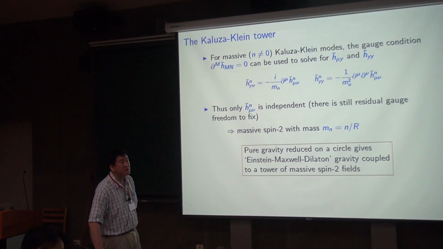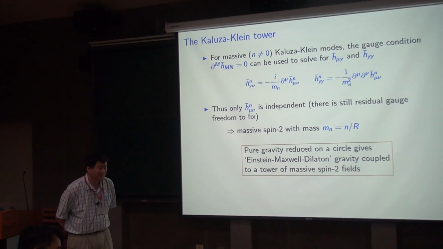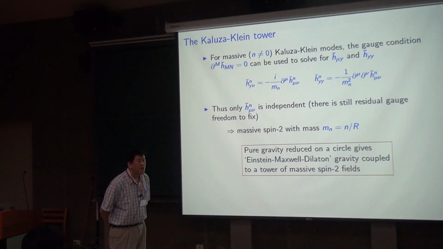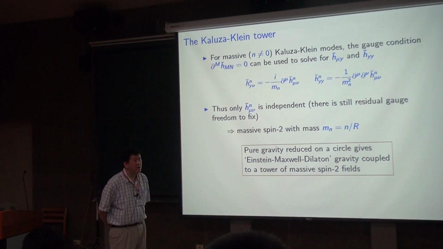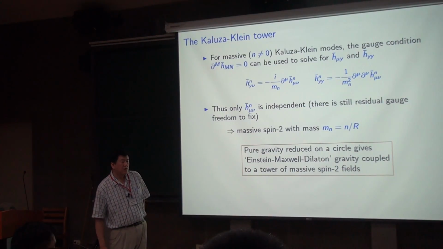So is 5-dimensional diffeomorphism broken by compactification, or is it not broken? Locally, I don't think it's broken, but, well, there's a notion.